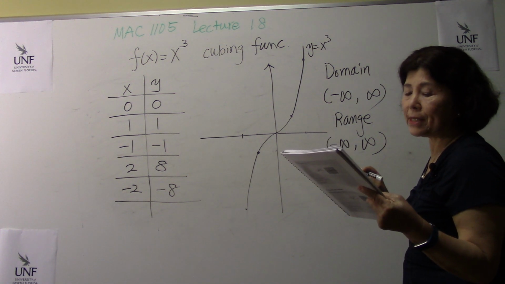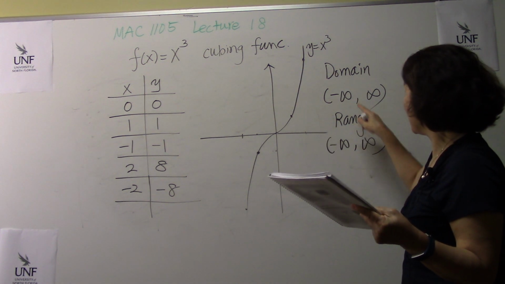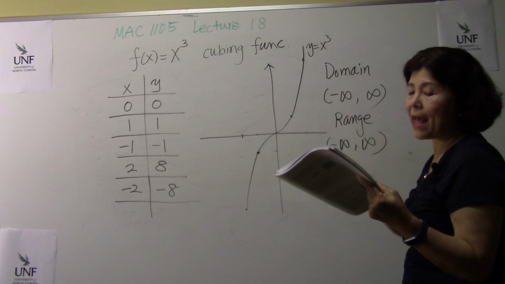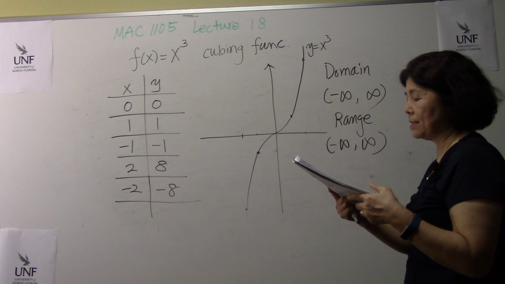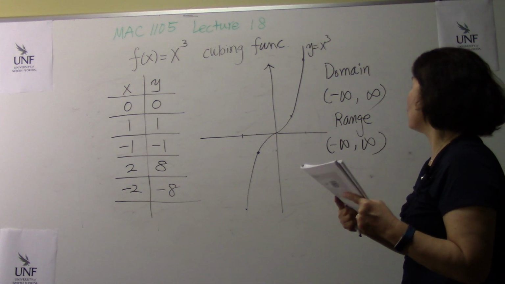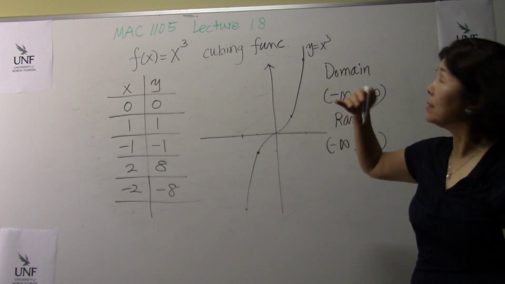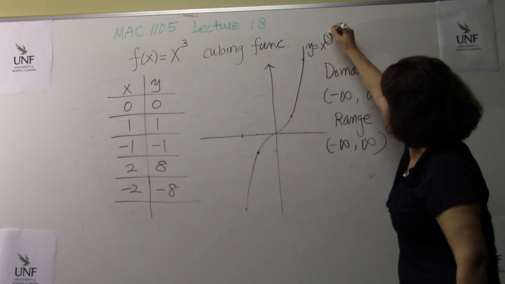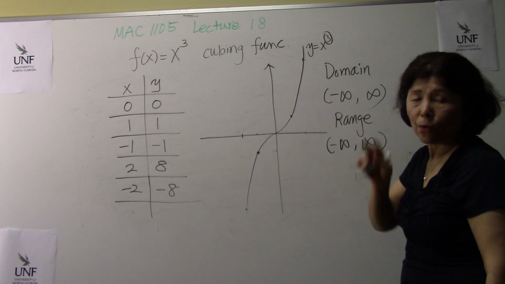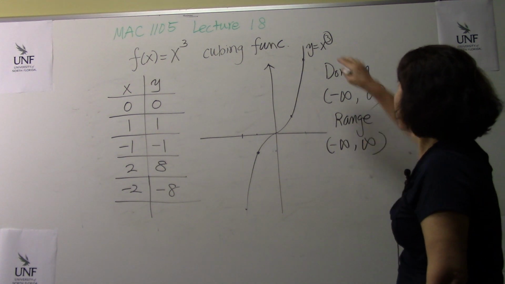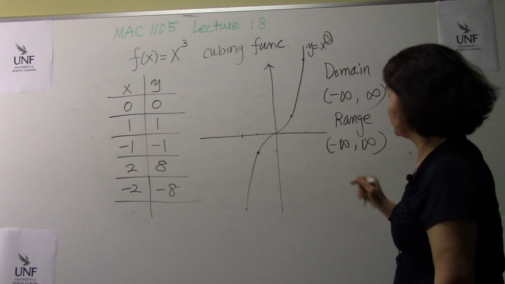And it increases on its entire domain from negative infinity to positive infinity, and also continues on its entire domain. And what kind of function is this in terms of odd or even? Well, look at the power 3. Only one kind of power that is odd. So this is an odd function.